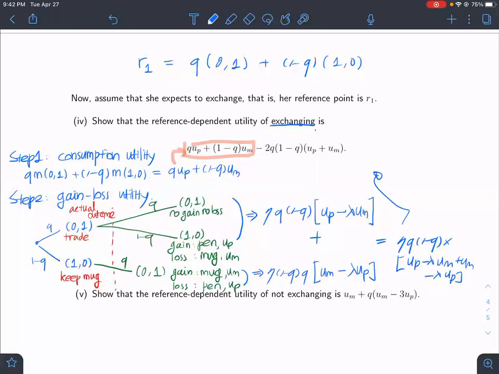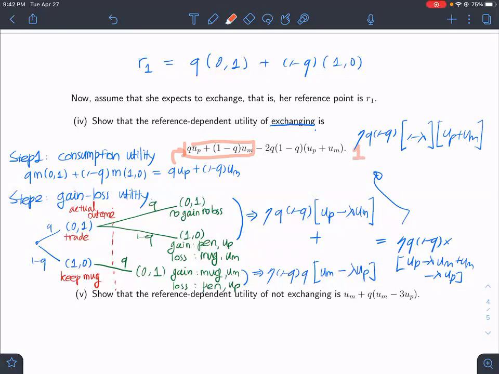Let me continue from above. Then it is eta q 1 minus q, 1 minus lambda, UP plus UM. Yeah. And then eta is 1.